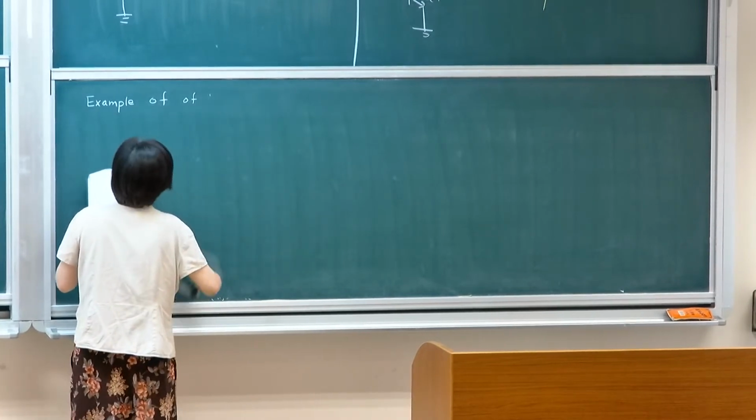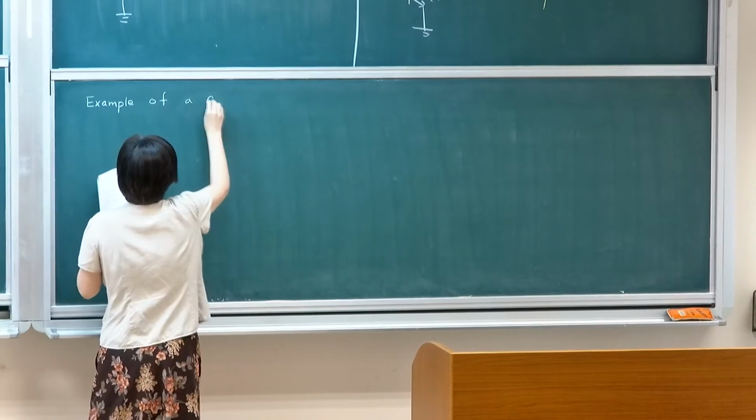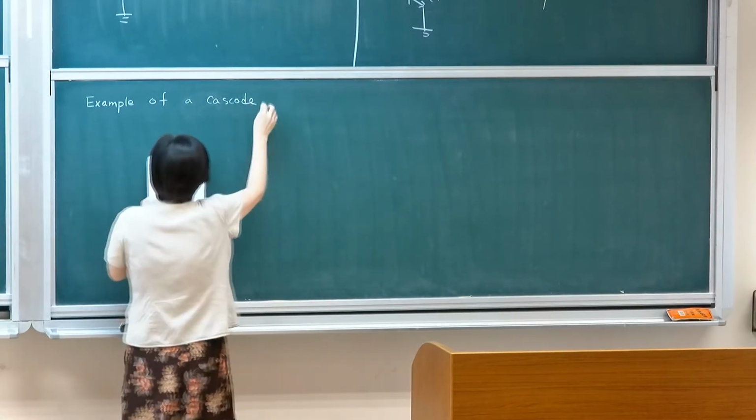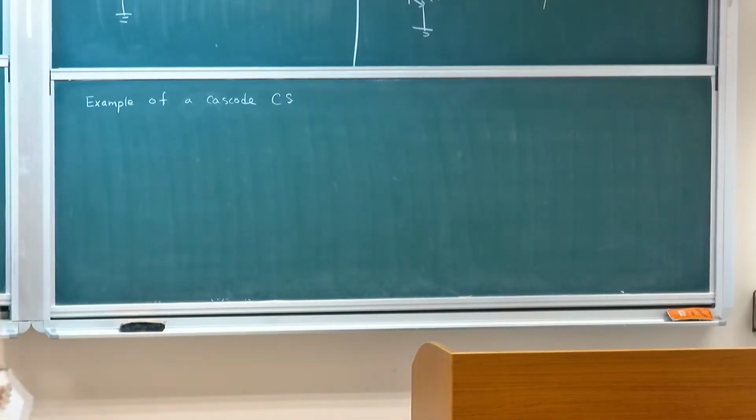A cascode current source. So there's mainly two features you want to see in your current source. One is its output resistance. The other is, I actually didn't plot it here, its operation range. So basically, you want to know when it starts to become flat.